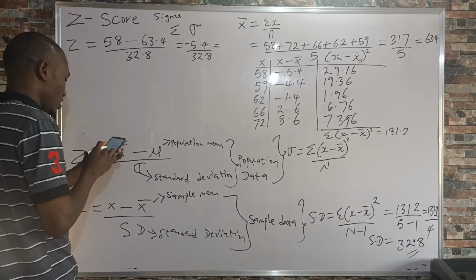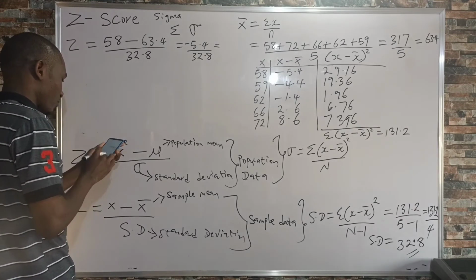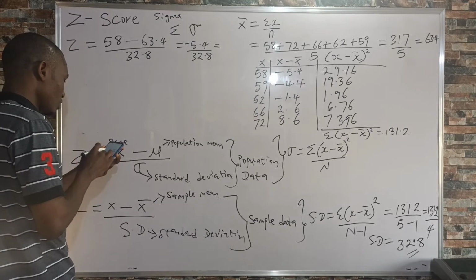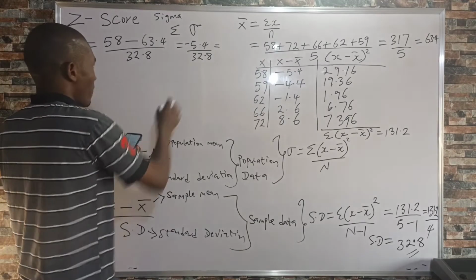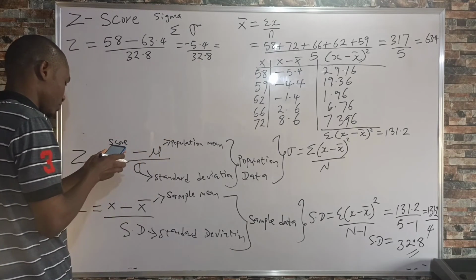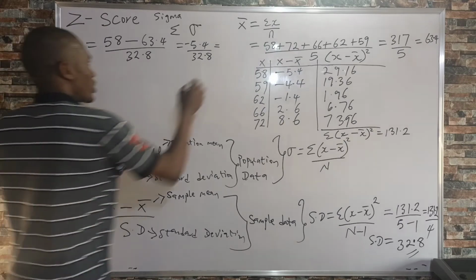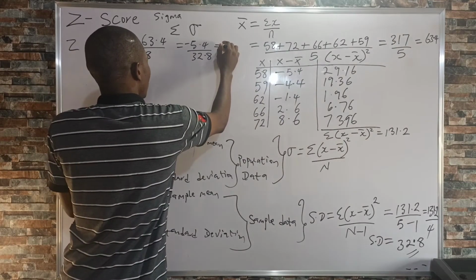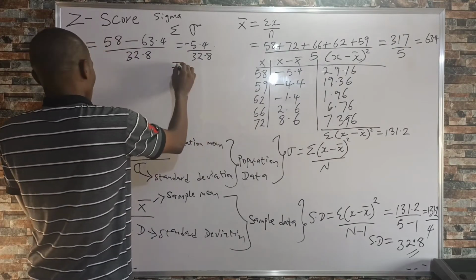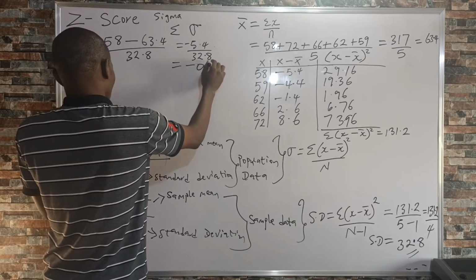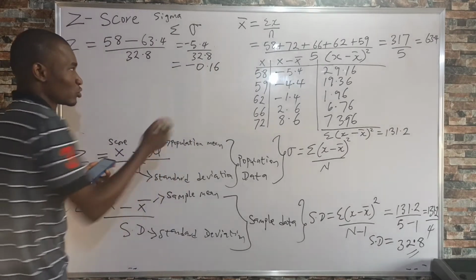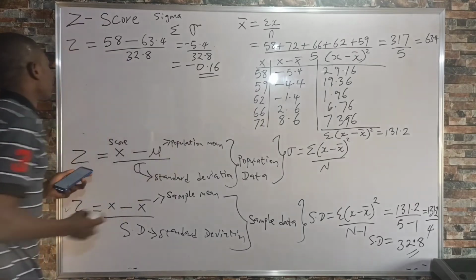When we divide negative 5.4 by 32.8, we have negative 0.16 approximately to 2 decimal places.